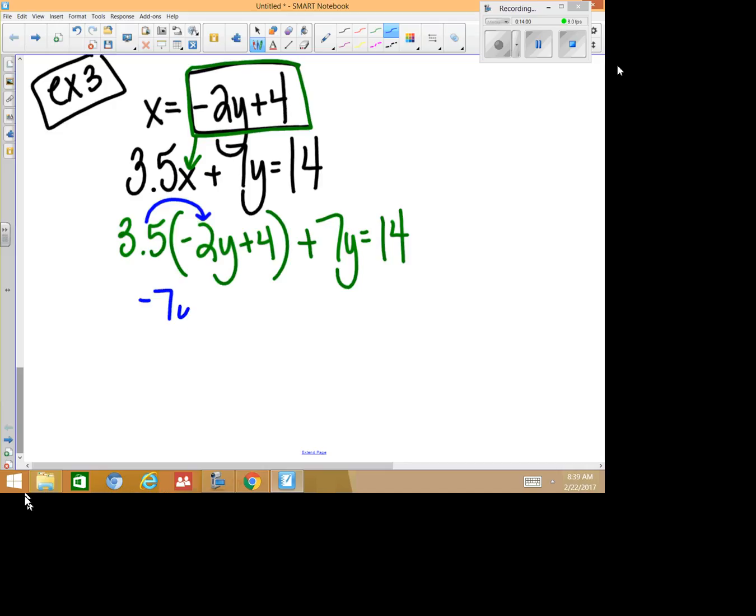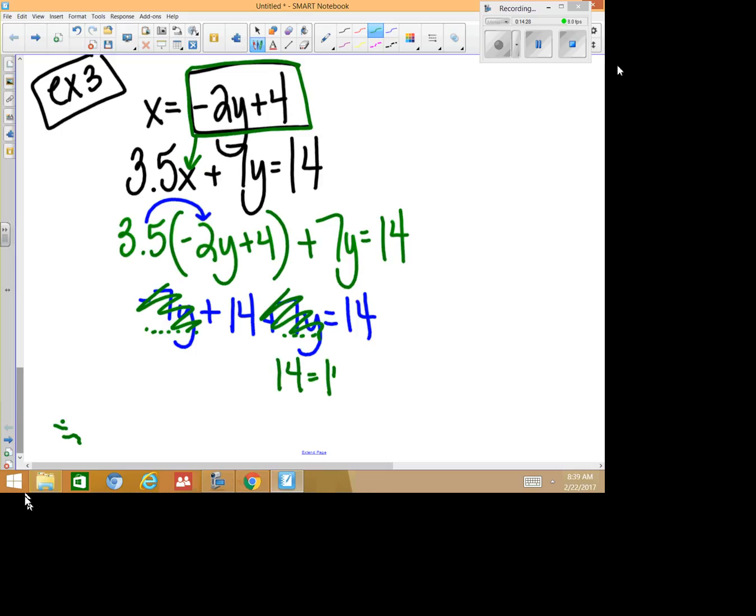Oh, okay. 7y. What's 3.5 times 4? It is 14. Negative 14, yeah. Negative 7y. So I got 14 and 14 now.